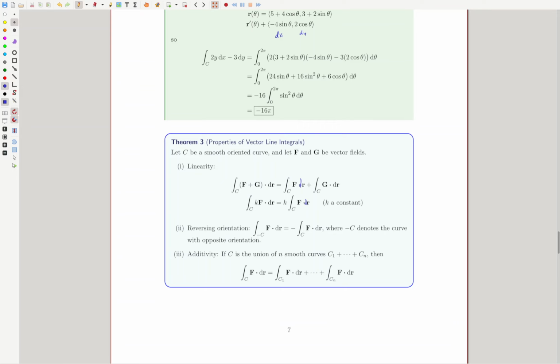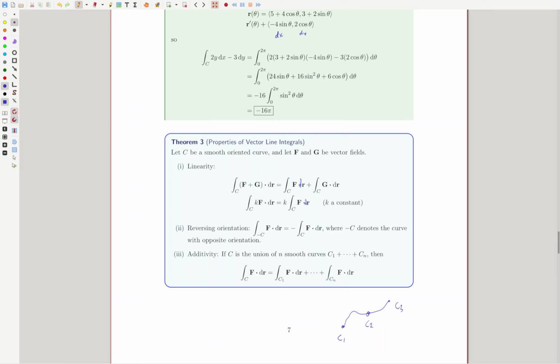Okay, and then additivity. So what that's saying is if you split a curve into different paths, I guess we could draw a picture of it. So all I need is a few points. So C1, C2, and C3. So the whole path would be C. So the line integral over the whole thing is going to be the sum of the line integral over the parts.